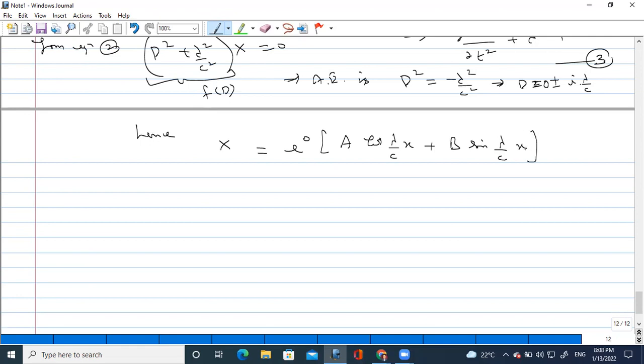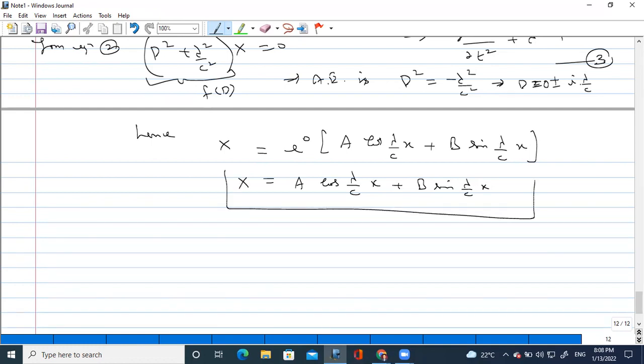So like this you can write the solution. So finally this is a cos lambda by c x plus b sine lambda by c x. So this is the value of x. Now next is your t portion.